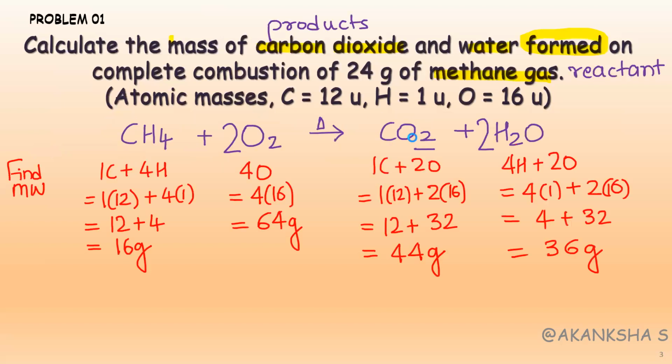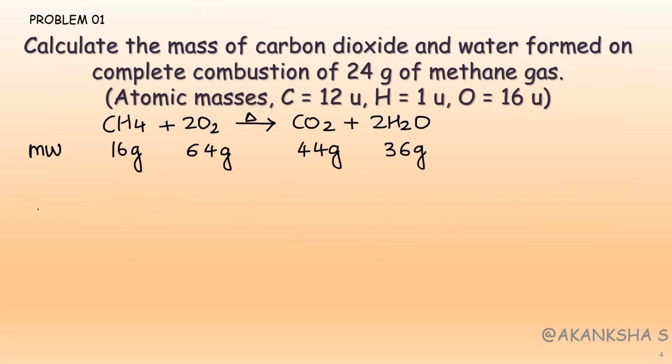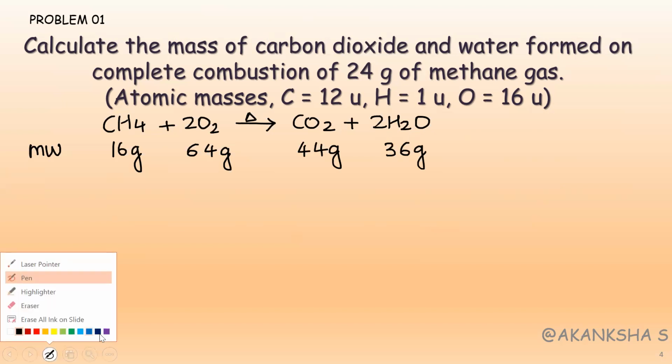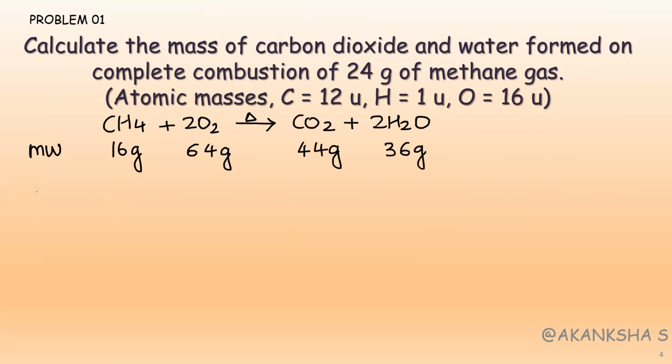Correct? Yes. Now let's see what is given and what we need to find out. Okay, given is they have given us how many grams of methane? 24 grams of methane. So they have supplied us with 24 grams of methane. They have not talked about oxygen at all, but they have asked us to find how much CO2 would be generated and how much H2O would be generated.